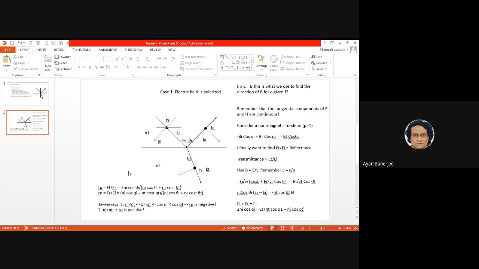Anyway, the question is very important. Let me just write: the point is you cannot measure RP or TP in an experiment. This is extremely important. In fact, let me create a next slide for that.